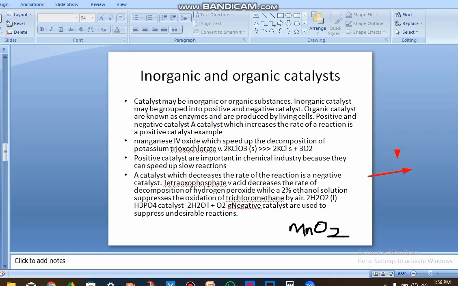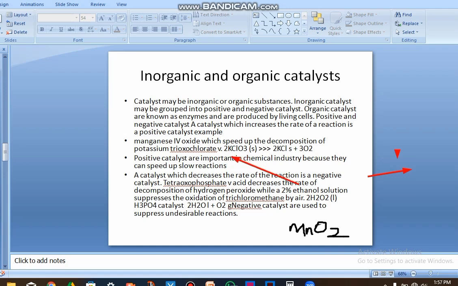So the decomposition, let me draw this arrow so you see. Take note of this. The decomposition of potassium trioxochlorate 5, what is the catalyst used? The catalyst used is manganese 4 oxide.